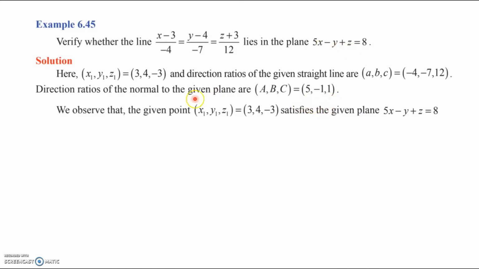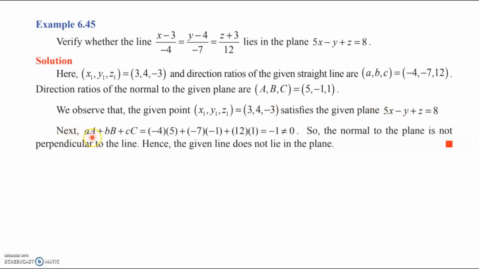So, we have our x1, y1, z1 equal to 3, 4, minus 3, and it satisfies the plane 5x minus y plus z is equal to 8, which means if you put this point 3, 4 and minus 3 onto this plane, you get 3 times 5 minus 4 minus 3, which is 15 minus 4 minus 3, which is equal to 8. So, it satisfies the given plane, which means this point is on this plane.